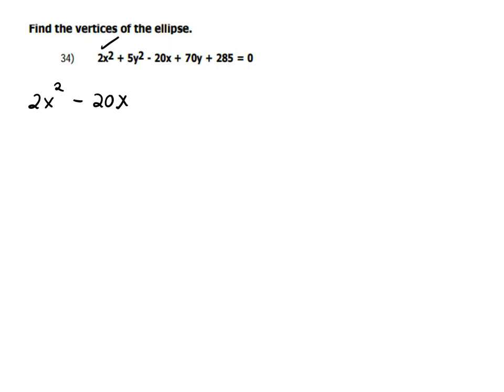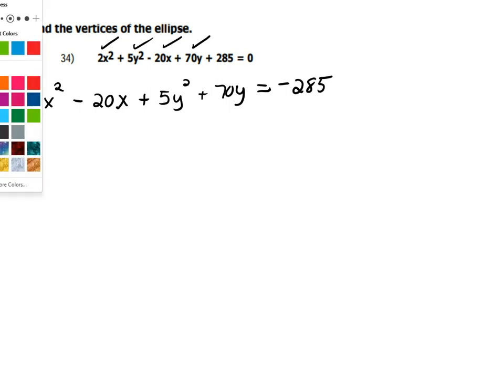Then I'm going to put the 5y squared and the 20y. The plus 285 should not be on the left, so I'm going to subtract it over, and 0 minus 285 is a minus 285. That's step 1.